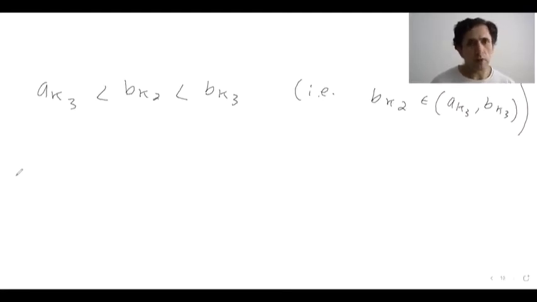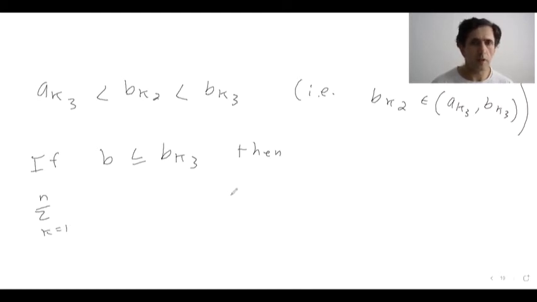Okay, so fine, I'll do this one more time. If B is less than or equal to BK3, then the sum here, well, so before I do that, I'll just make a note here.